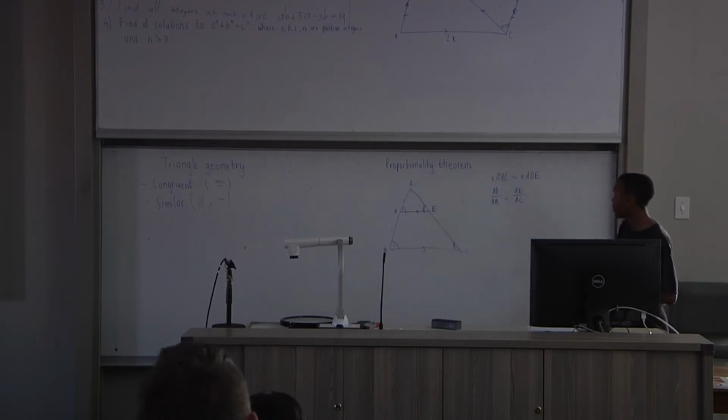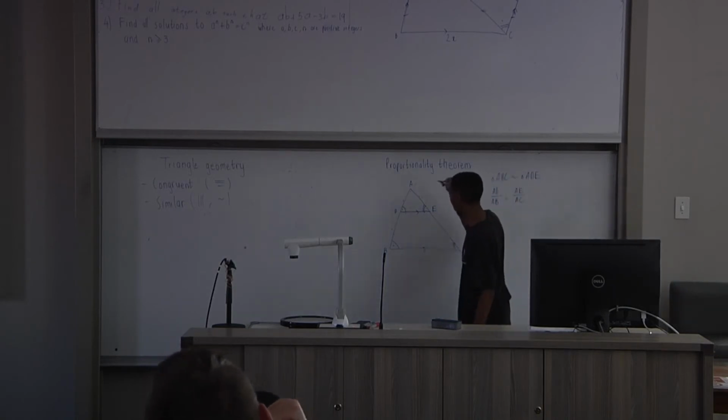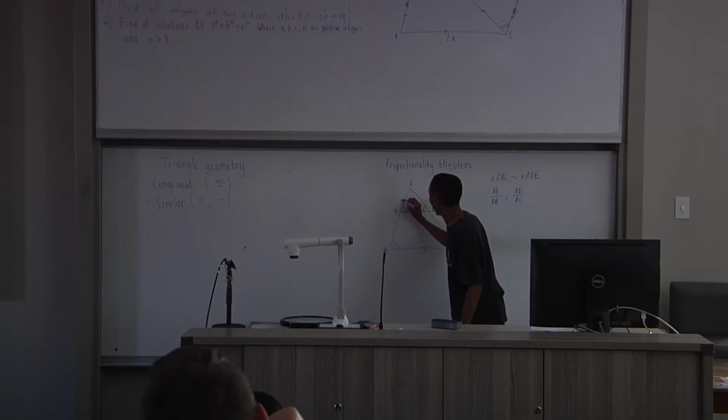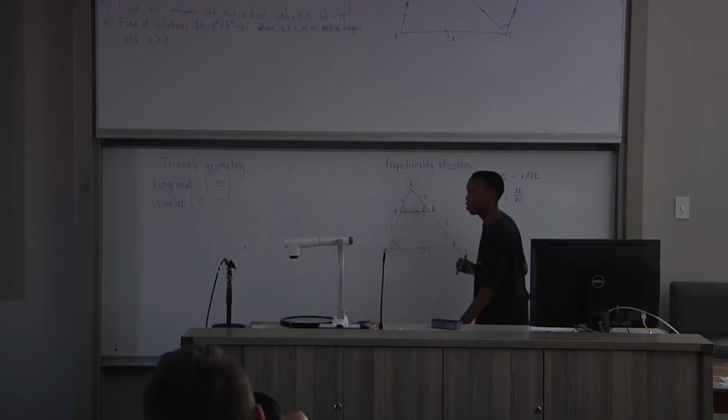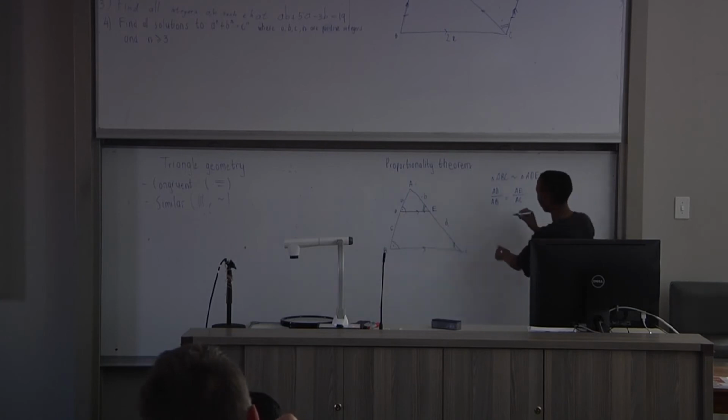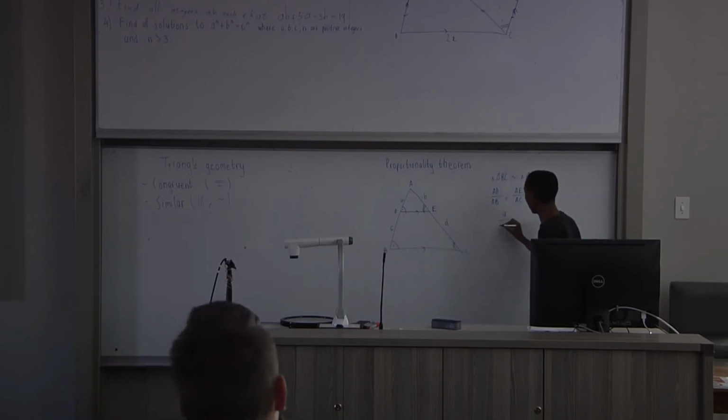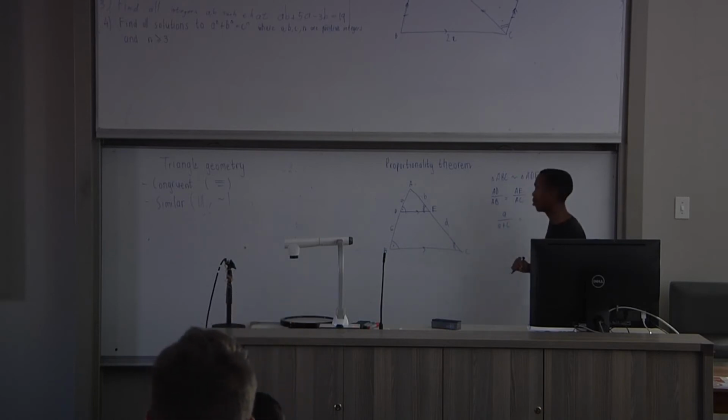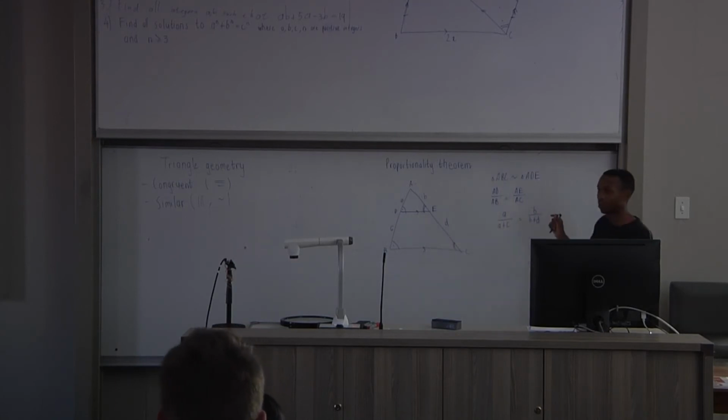So call this A, C, and D. So by this AD is just A, and then this over A plus C is equal to B over B plus D. Is everyone with me here?